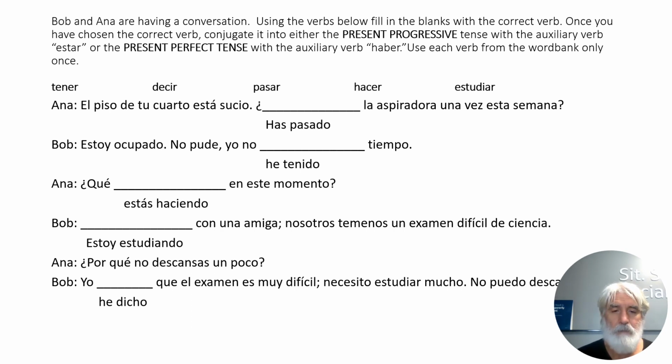The present progressive with estar and the present participle, or the present perfect tense with haber and the past participle. This question is challenging, but doable, and you're going to have one grammar question like this on your exam. So best of luck.